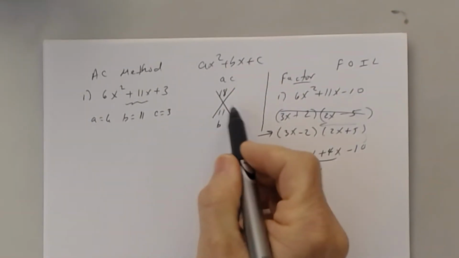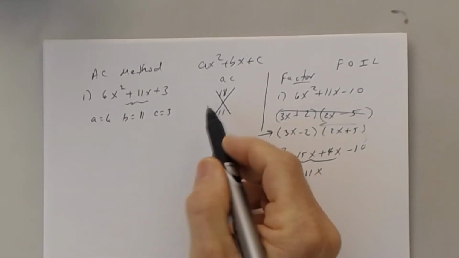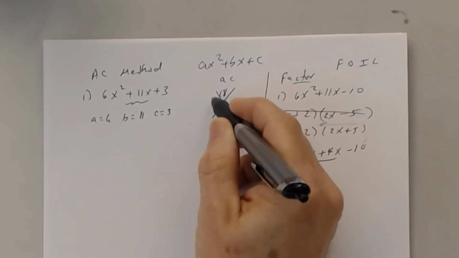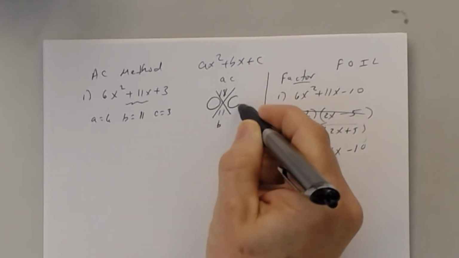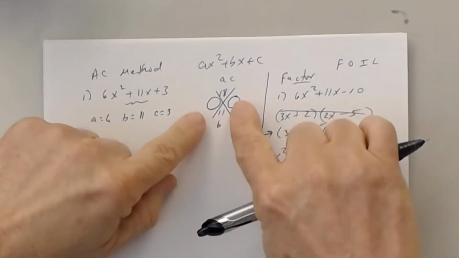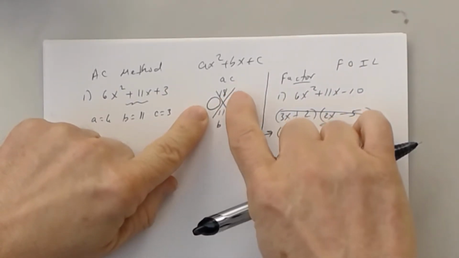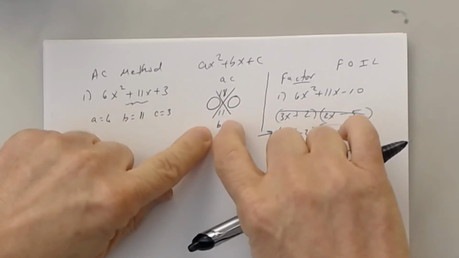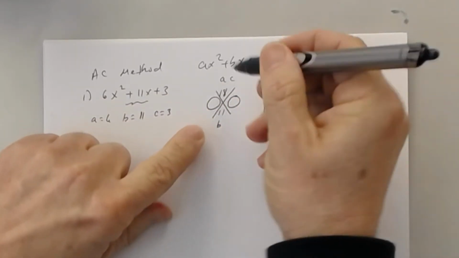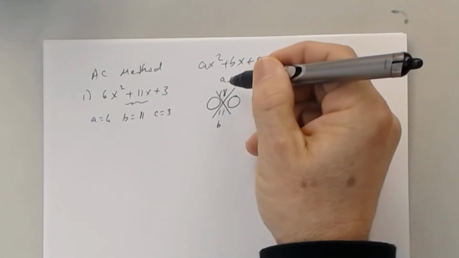Now, you see the other 2 things that are empty? Those numbers you put in here, listen carefully to this. Whatever numbers you put in here, you want that product to be 18 and the sum to be 11. See, AC means product, right?